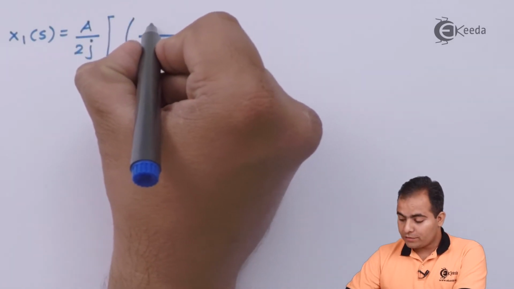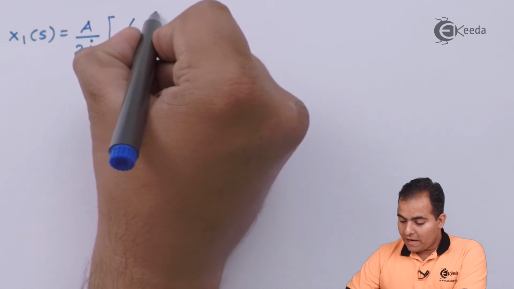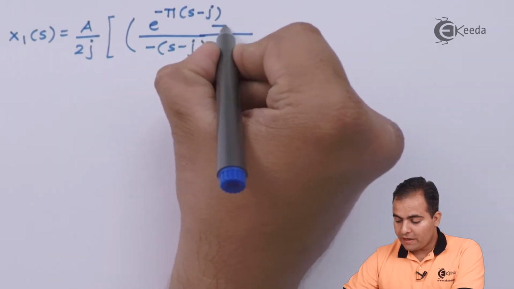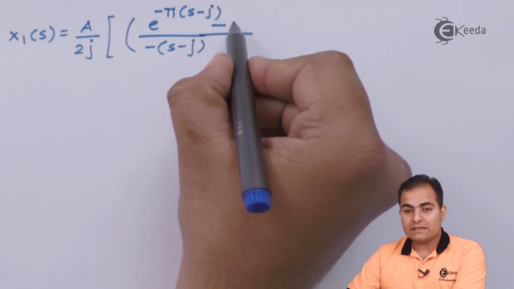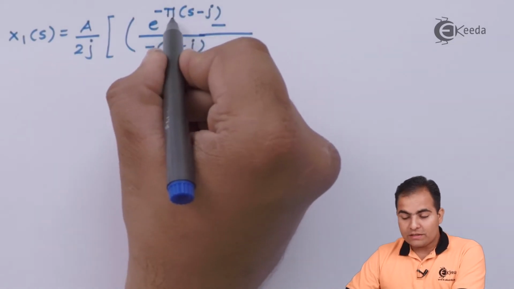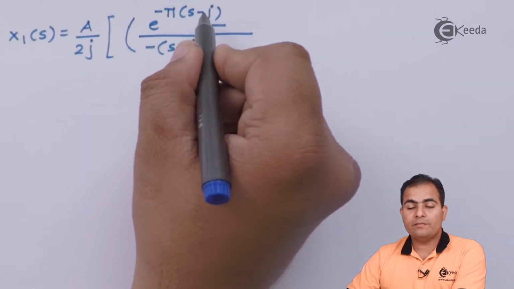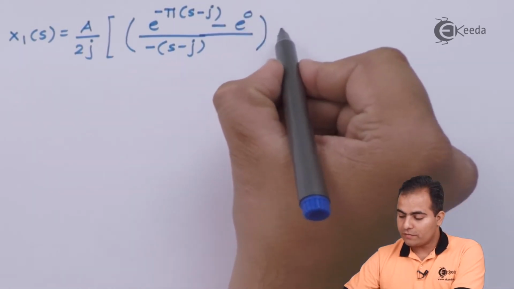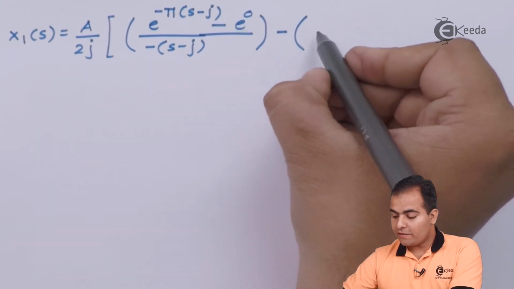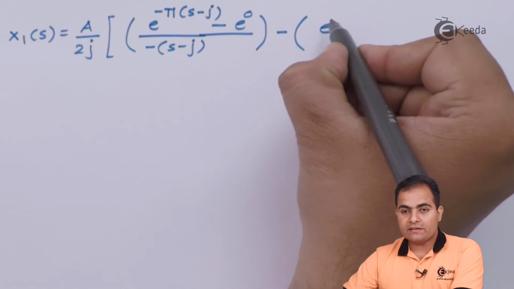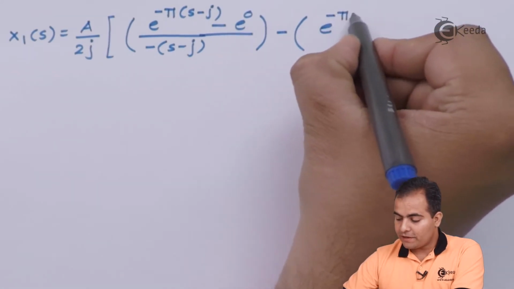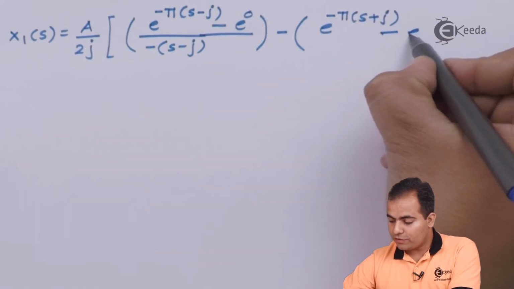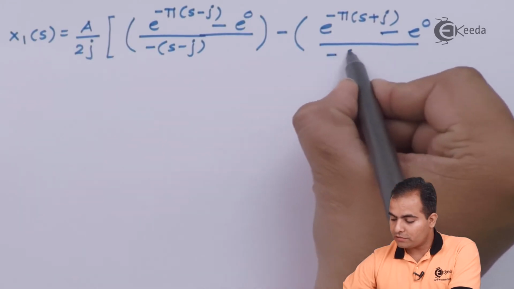So upper limit was pi, so e to the power minus pi, inside the bracket I am going to write s minus j, minus, now we will substitute the lower limit which is 0. So power of the exponential term will be 0, and we know that e to the power 0 is always 1, that I will substitute later on, minus, in another bracket we have upper limit again pi, so e to the power minus pi, but inside we have s plus j, minus the lower limit was 0, so e to the power 0, and whole divided by minus of s plus j.